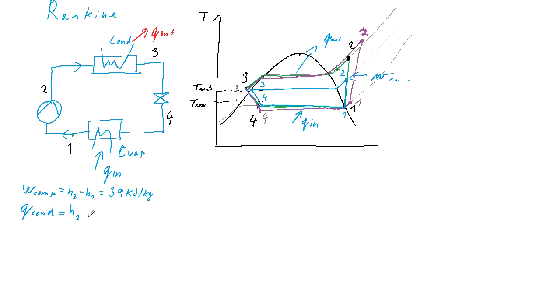So H2 minus H3, where the condenser operates between enthalpy H2 424 kilojoules per kilogram and H3 241. So the difference is 183 kilojoules per kilogram.